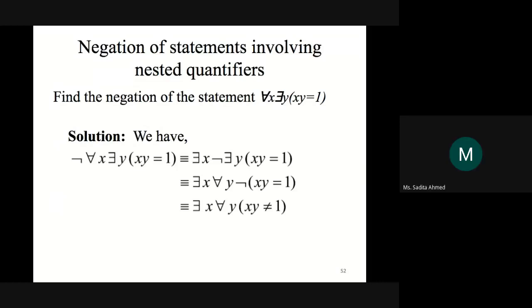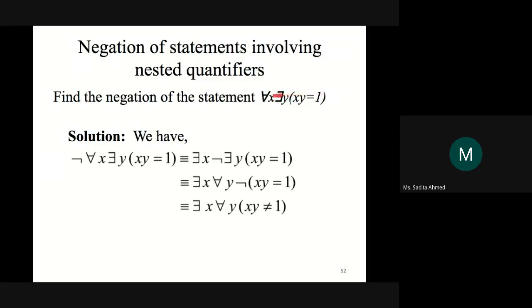Yes, very good. If x is 0, what happens then? If x is 0, what can you bring for y which will give you xy is equal to 1? Miss, 1 by 0? 1 by 0. But again, 1 by 0, is that a real number? No, Miss. No, it's not a real number.